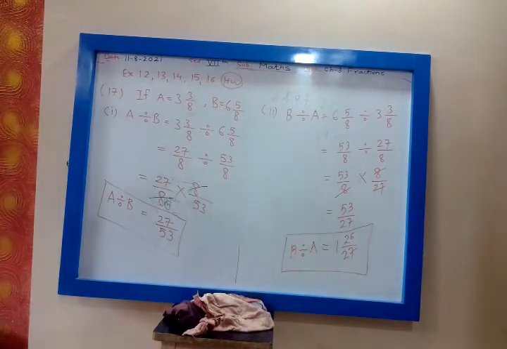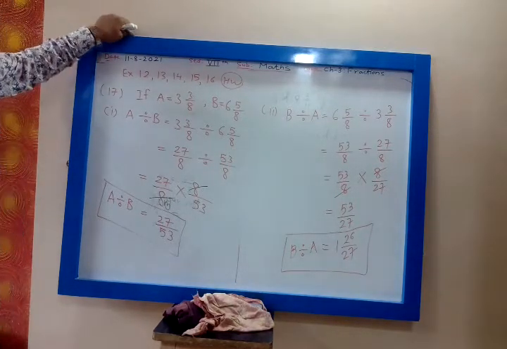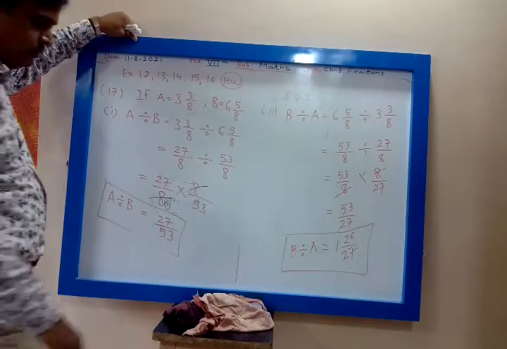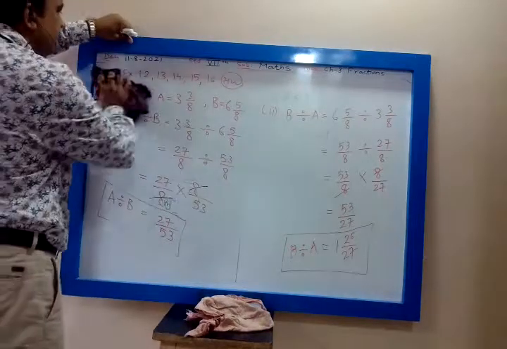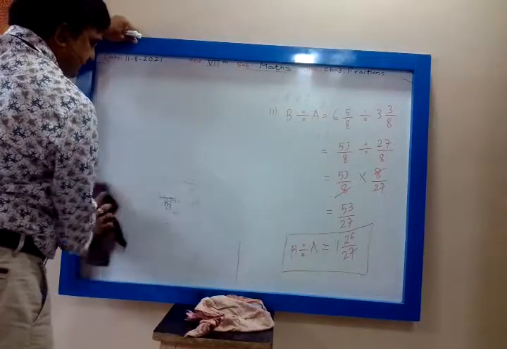Okay. Now 18th one. The cost of 3 5/7 liter of oil is 83 1/2. So do that.